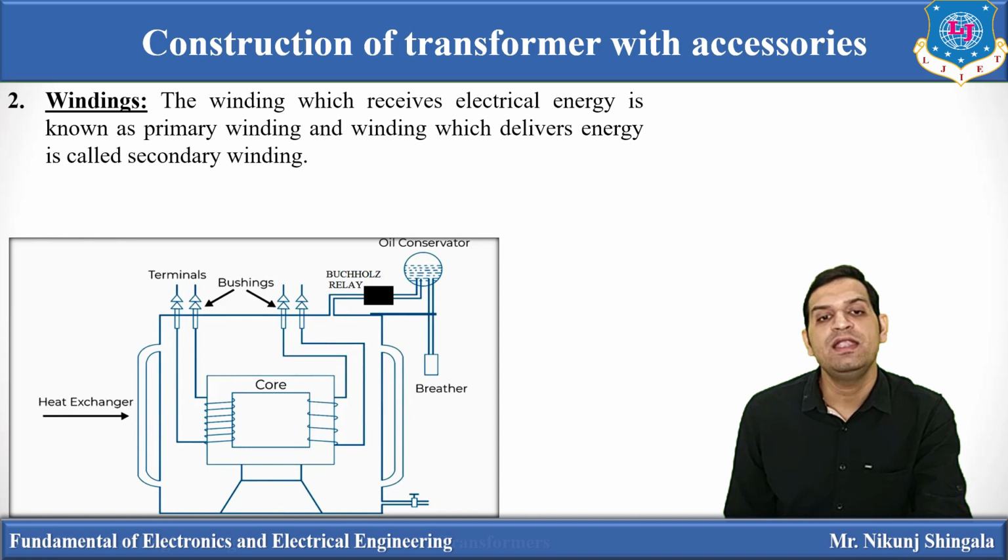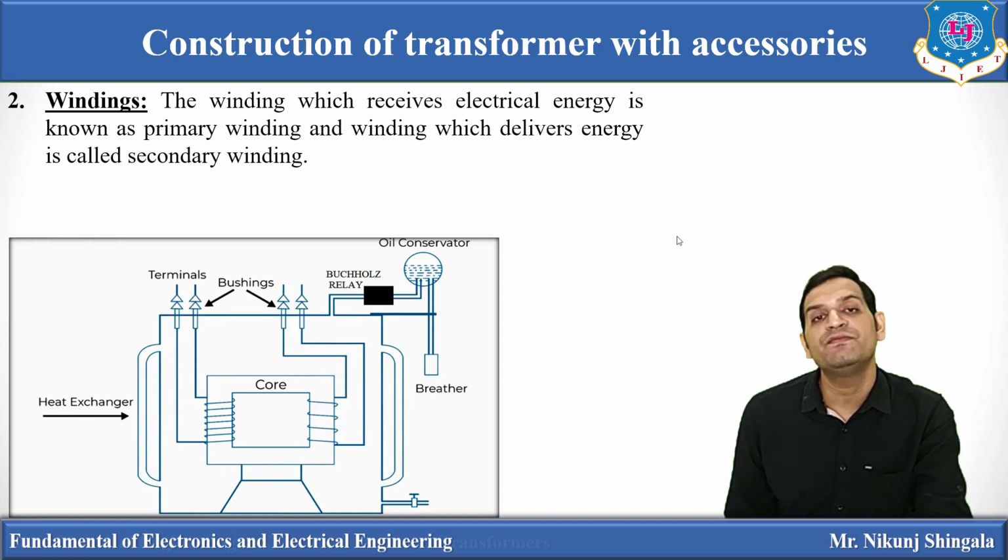The next one is the winding. Here it consists of two windings, primary winding and secondary winding. The winding which receives the electric energy is the primary winding, and the winding from which electric energy is taken out, or which delivers the electric energy to the load, is the secondary winding.